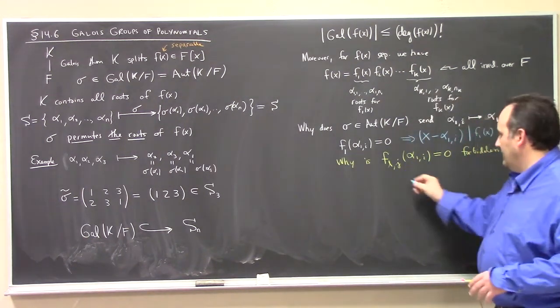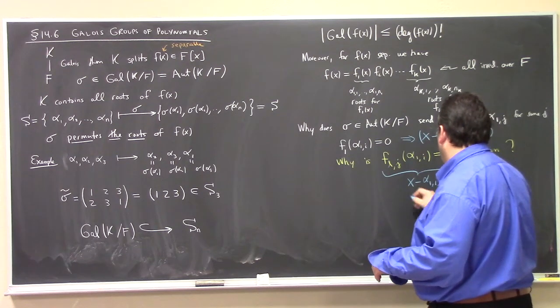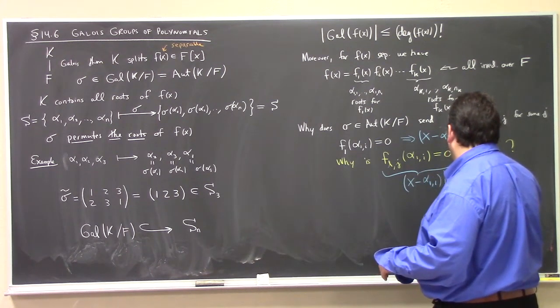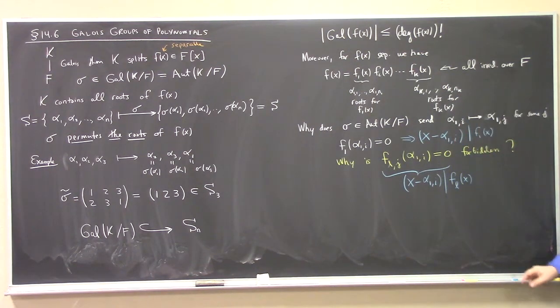And this says that x minus alpha 1i divides fl of x, which means that it's not separable, because when you go back to the original equation, you have this factor of x minus alpha 1i in both factors. So when you multiply it out in the splitting field, you have x minus alpha 1i squared, which means it's not separable.